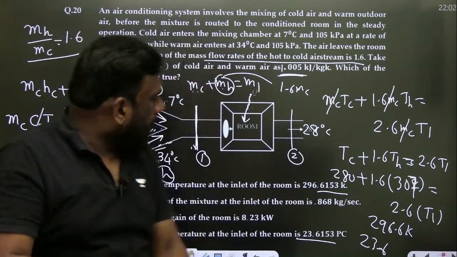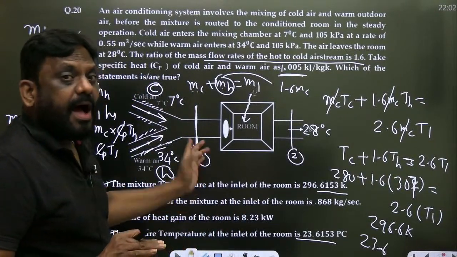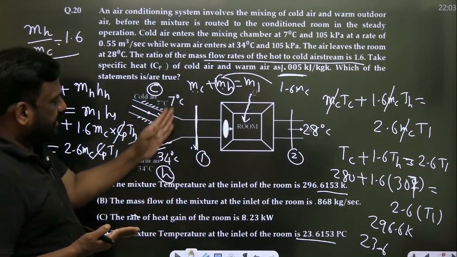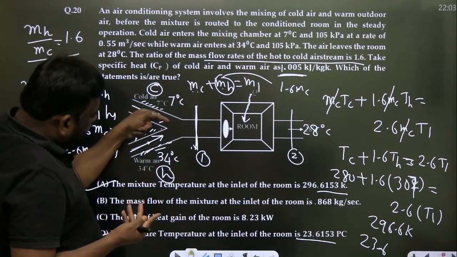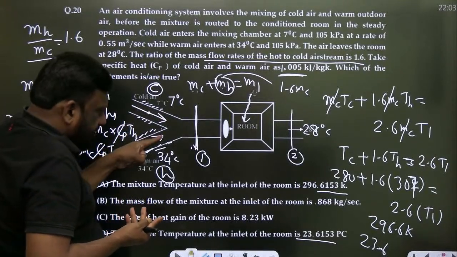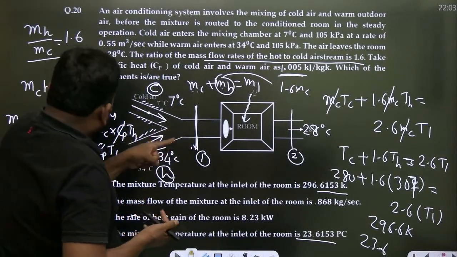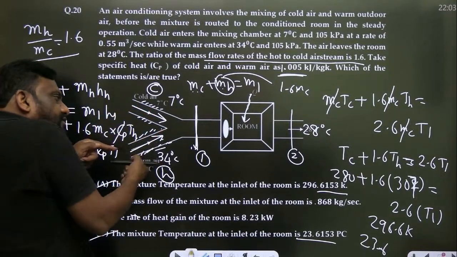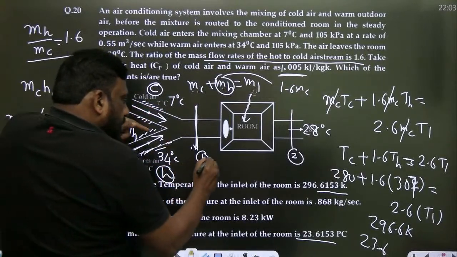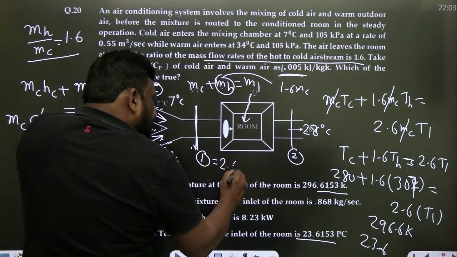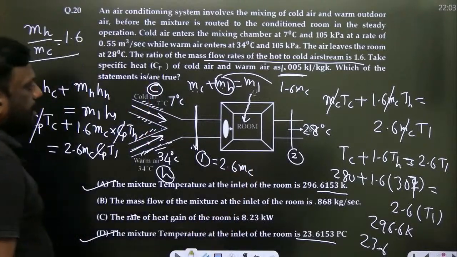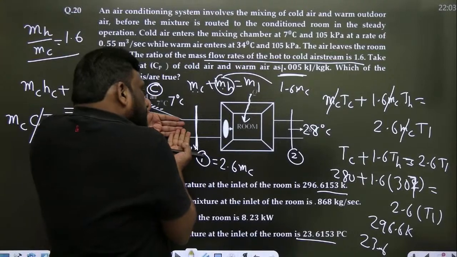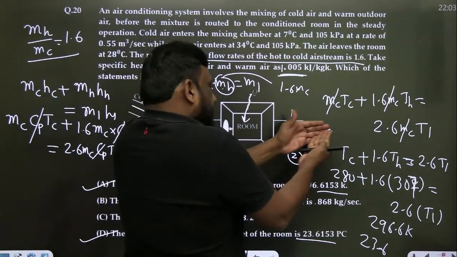Wonderful. So I know this temperature. Now the question is, how much mass is entering? Can you tell me, sir, how much mass is coming? mc plus mh is m1, so that m1 is nothing but mc plus 1.6 mc, because mh is 1.6 mc, so we write it as 2.6 mc. Now my dear students, you tell me, the same air is entering and the same air is leaving, so it is a steady flow.